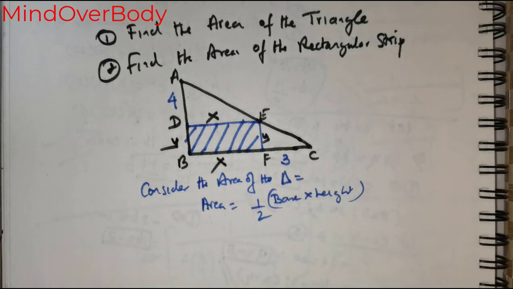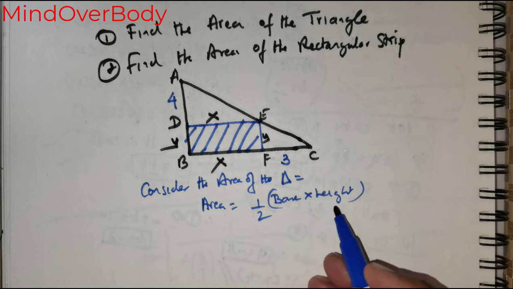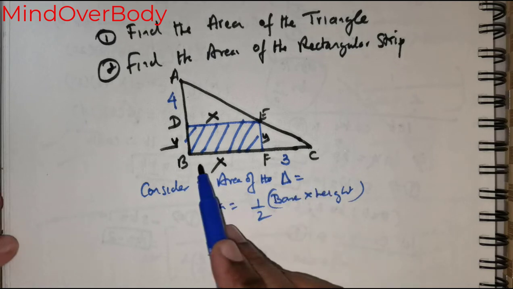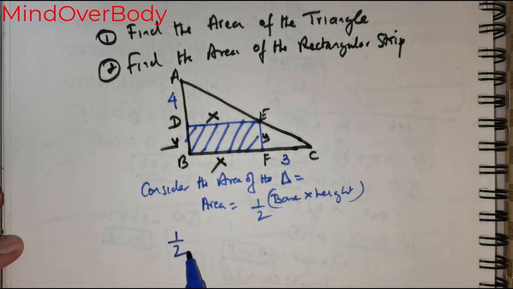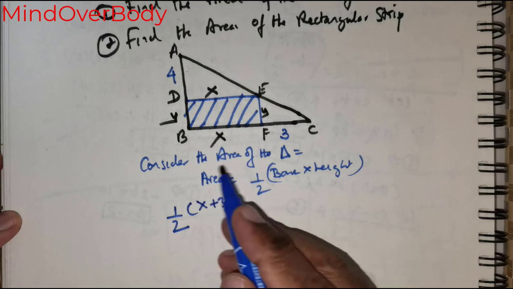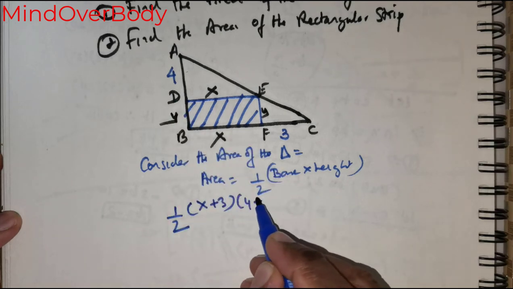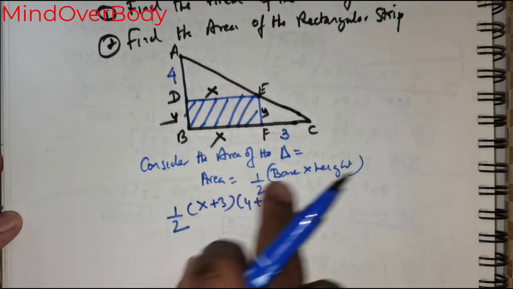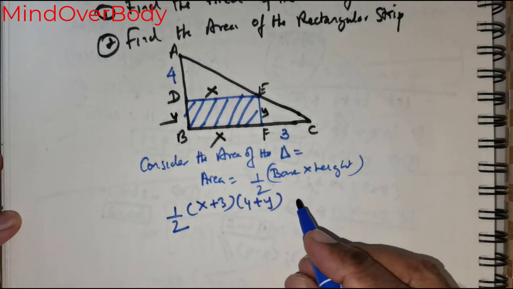So if I were to apply the formula base into height, so half times the base, which is x plus 3, and the height is 4 plus y. So this is the total area for the triangle.